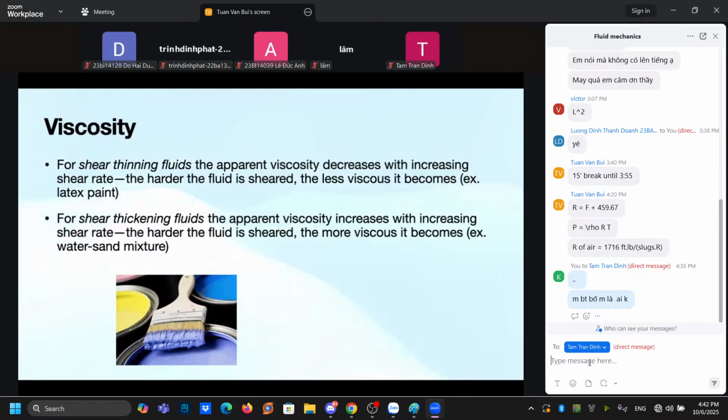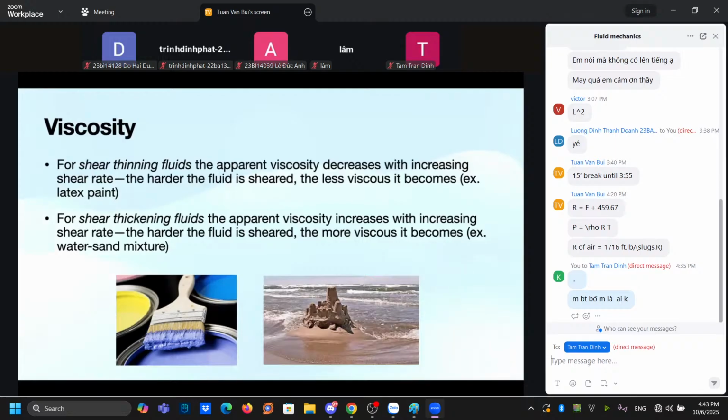For shear thickening fluids, the apparent viscosity increases with increasing shear rate. So the harder the fluid is sheared, the more viscous it becomes. This should be the quicksand, the mixture of sand and water.